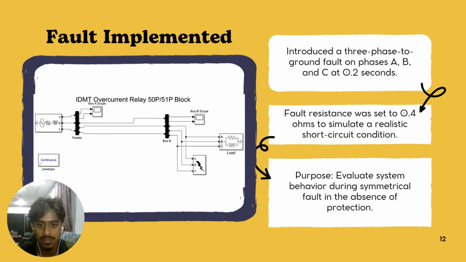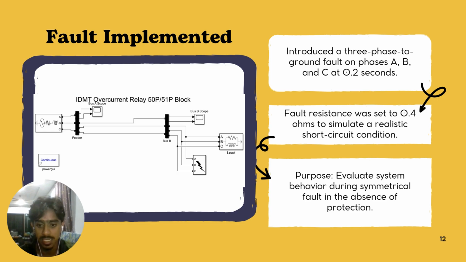Now we're going to discuss when we implement the fault. It's the same as the normal operation, but the difference is we add the fault at the load end. We introduce a phase to ground fault, which according to our project is a balanced fault, and we set it at 0.2 seconds.